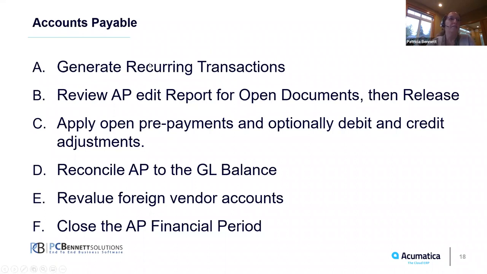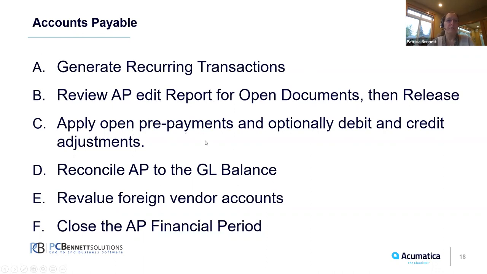So accounts payable, very much the same thing as accounts receivable. Process your 1099s before you do it for December, but if you're doing May, June, July, make sure you generate all your recurring transactions. Review your AP edit report for open documents and then release them. I'll show you where that shows up.